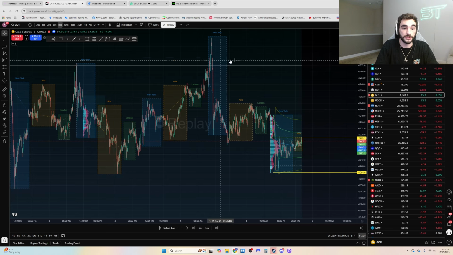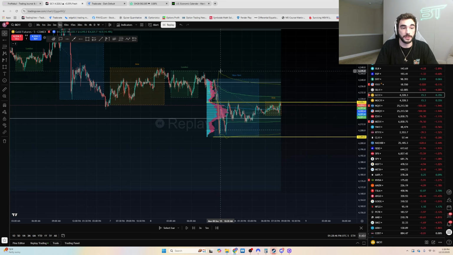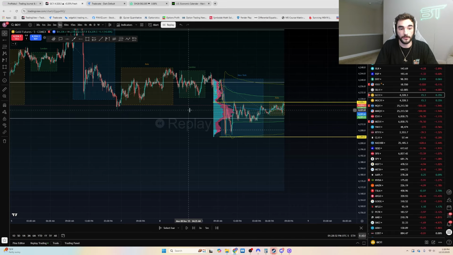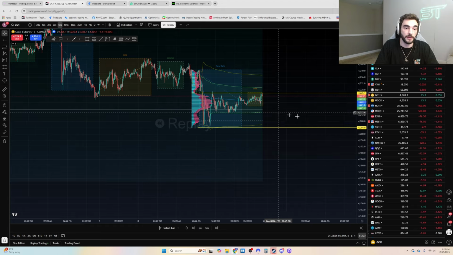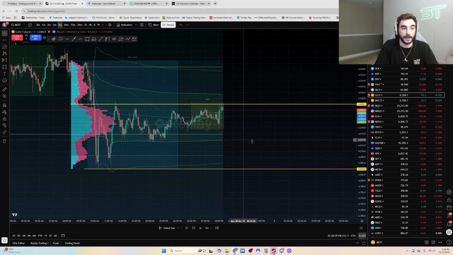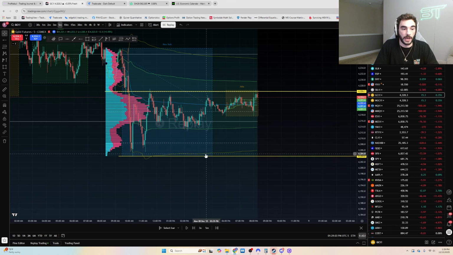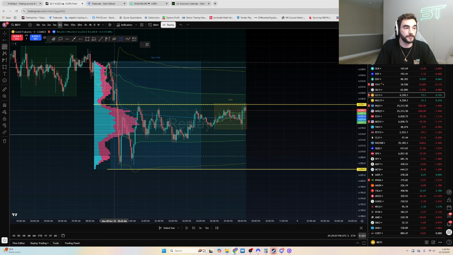We continued that downtrend into New York. We came below value area low for the larger range, and we tried to bounce, but this looks very lackluster to me. Now we're back at the value area high for this lower time frame range. I want to trade towards this New York low, even if I want to use a fib in here.